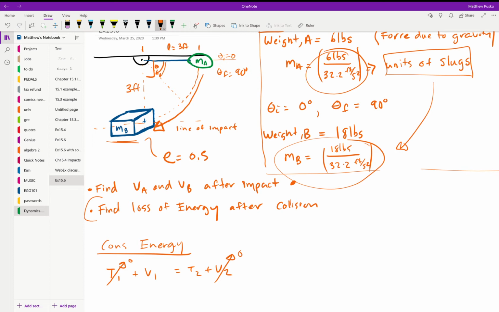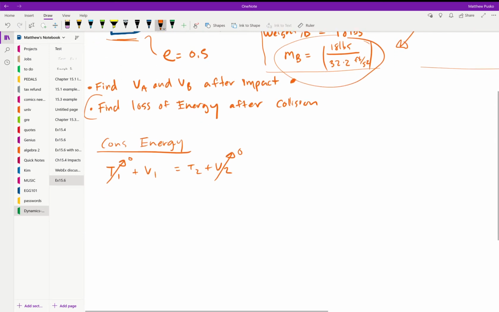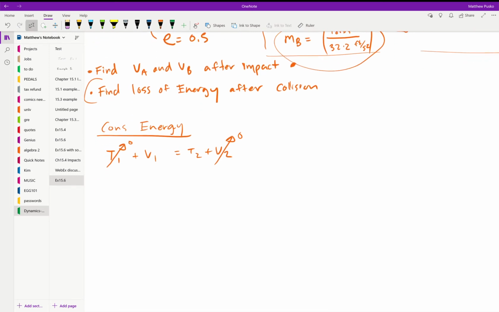We don't have any trigonometry to do here. We just have an mgh turning into 1/2 mv squared. Cancel, cancel. The velocity is going to be equal to the square root of 2gh. Alright, and that comes out to 13.9 feet per second to the left, so let's call it negative 13.9 feet per second.